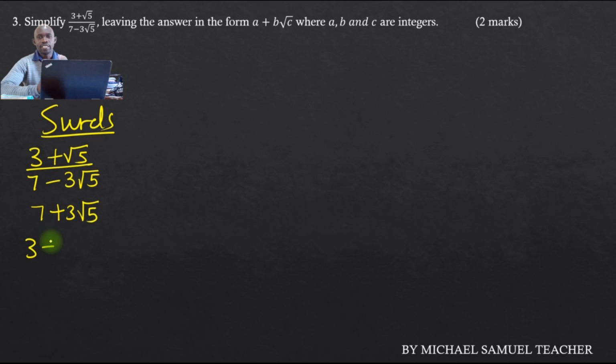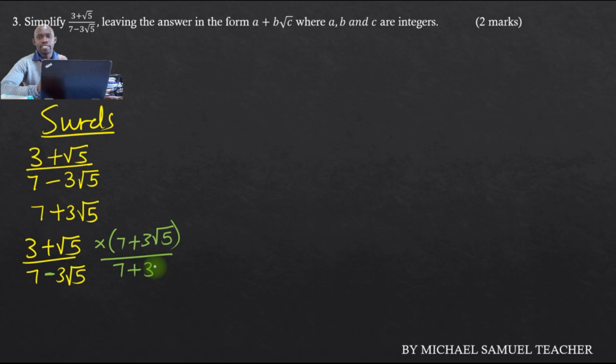So, 3 plus root 5 all over 7 plus 3 root 5. What we need to do is multiply the numerator by 7 plus 3 root 5, all over again 7 plus 3 root 5.